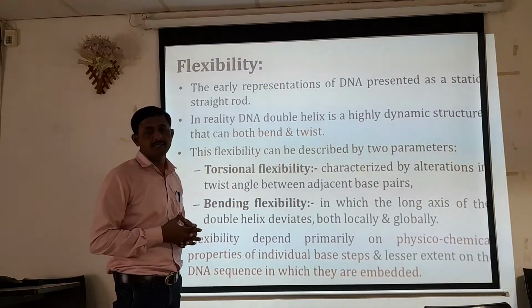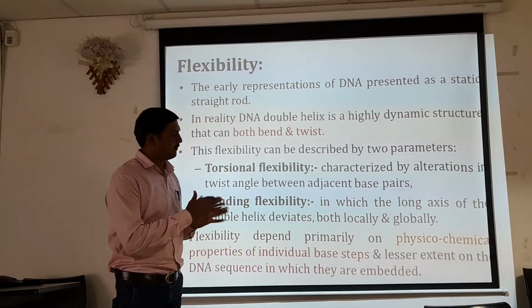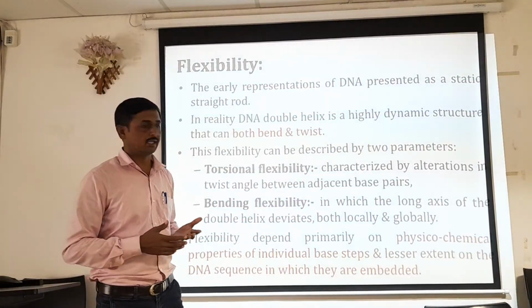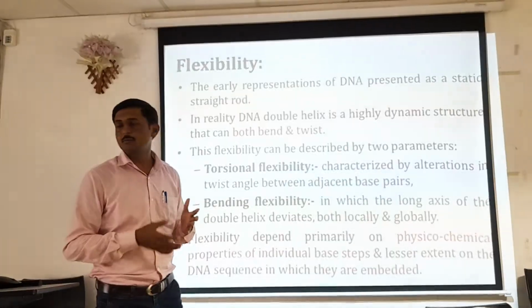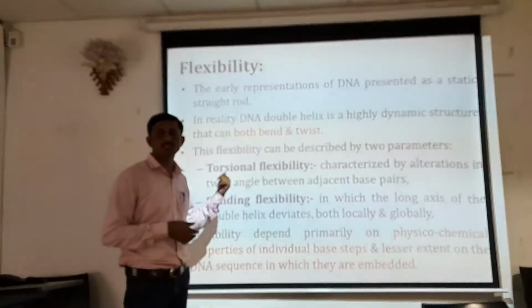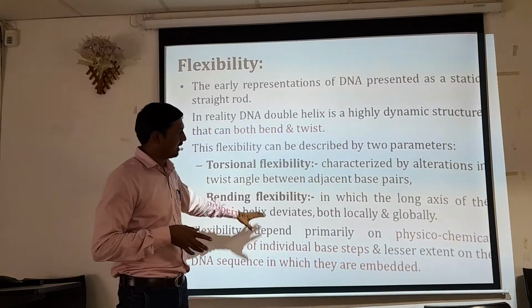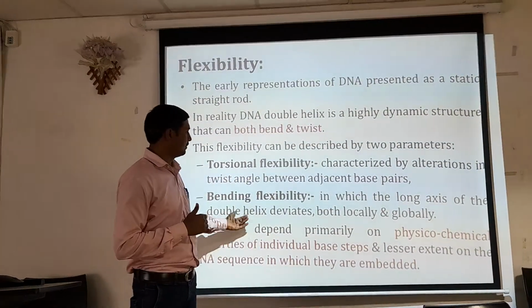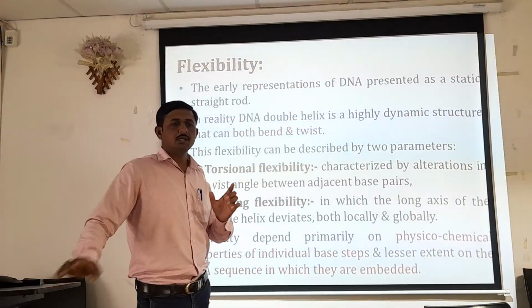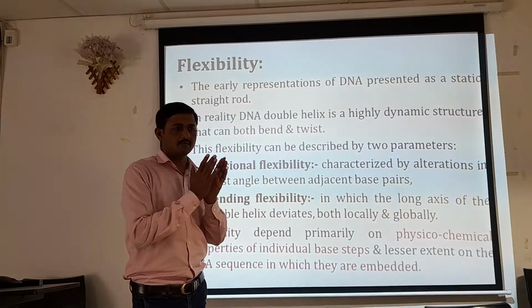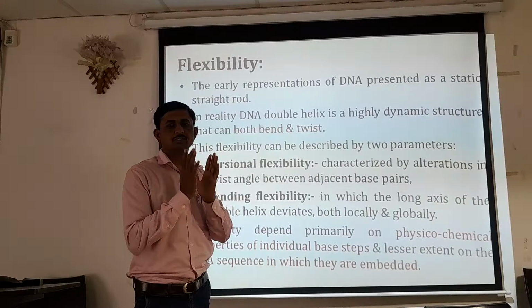Another is bending flexibility, in which the long axis of the double helix deviates both locally and globally. If we want to bend a particular DNA, even though it is a rigid structure of polynucleotide chains, it shows the ability to bend, and the long axis of the double helix deviates. While discussing the structure of DNA, we saw that the nucleotide bases are arranged 3.4 angstrom apart along the central axis.